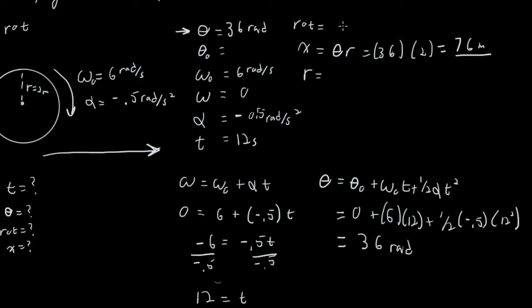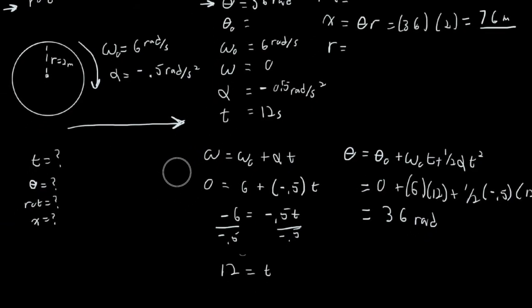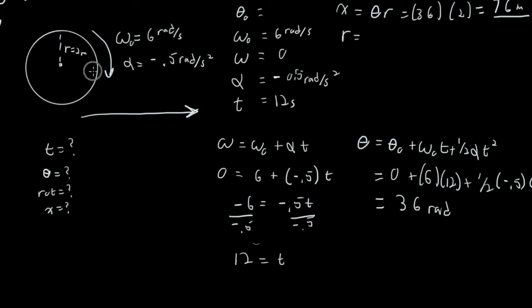So the last thing we want to find is the number of rotations. Now, rotations is very straightforward to find. It just requires us to remember that there are a specific number of radians in each rotation. To go around this circle one time, I'm going to go 2 pi radians. And so if I have a number of radians, I just take my theta divided by 2 pi.